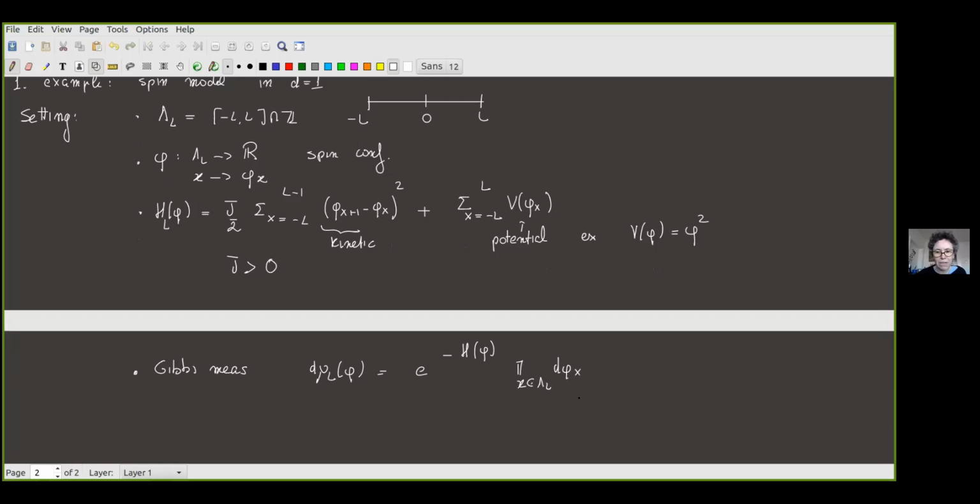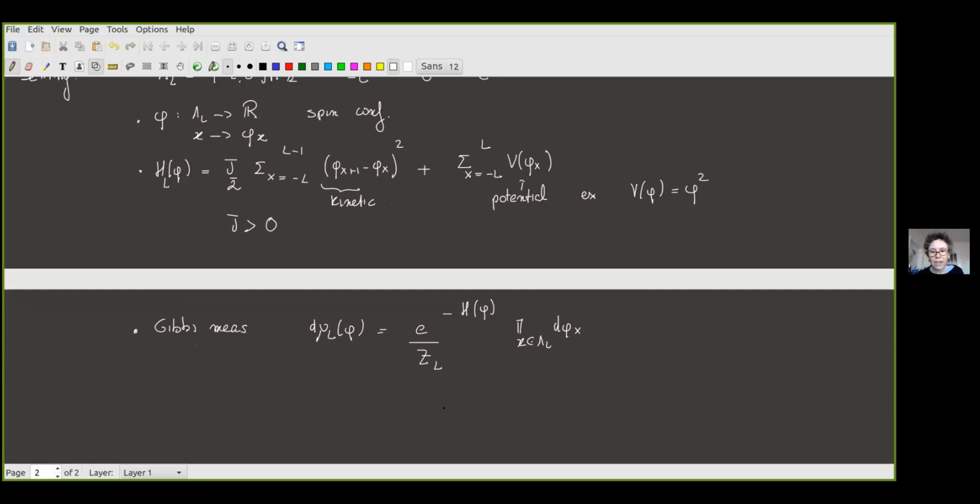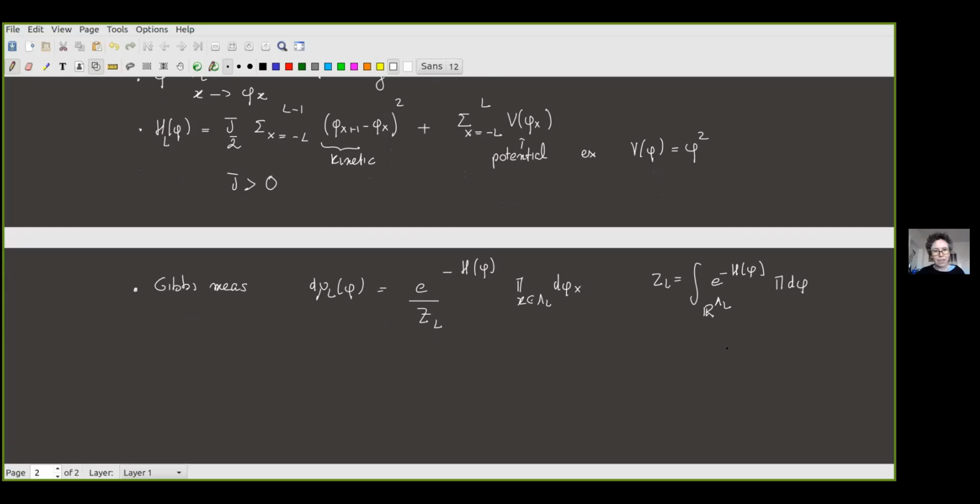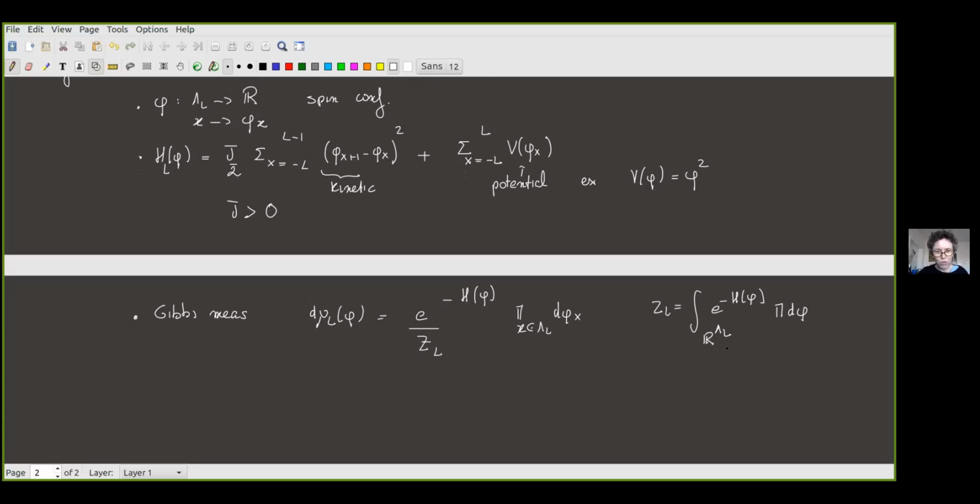Here we have the Lebesgue measure, and we divide by a normalization Z. Z is just the integral of e to the minus H times the product of d phi, and here we are integrating over R^(Lambda_L). Okay, so this is a standard construction in equilibrium statistical mechanics.